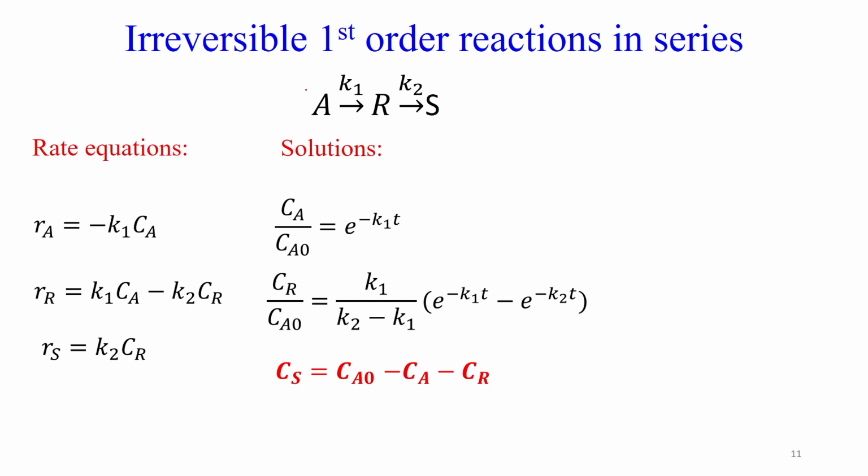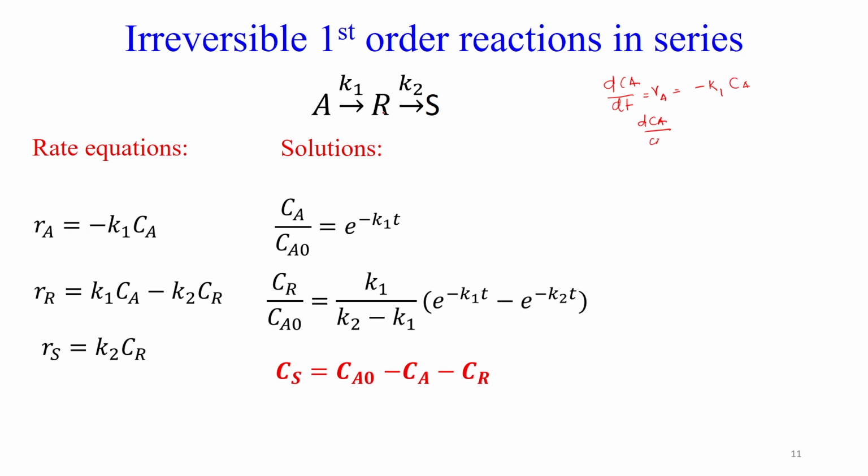So, we are taking both as irreversible and first order. So, the first step will be dCA upon dt, or you can say rate of A, minus, we are considering first order, K1 into CA.